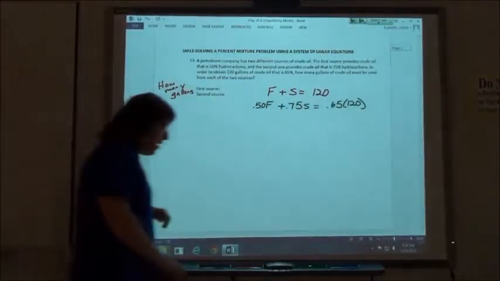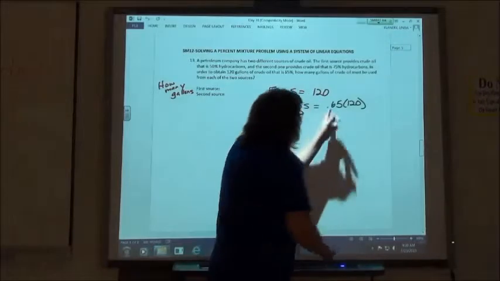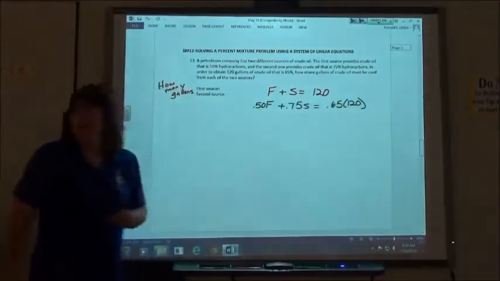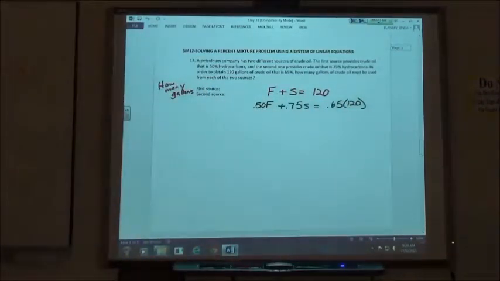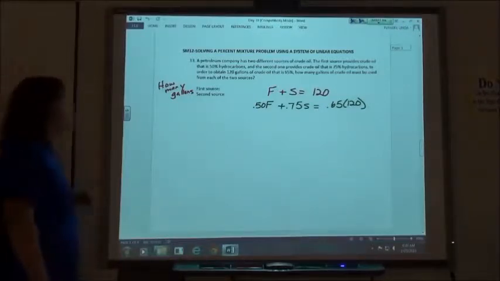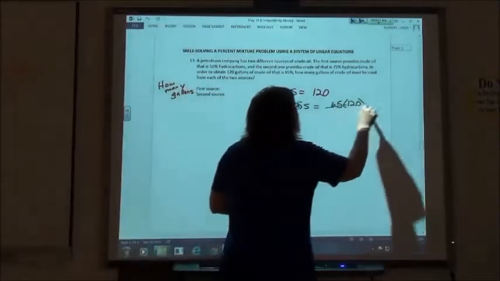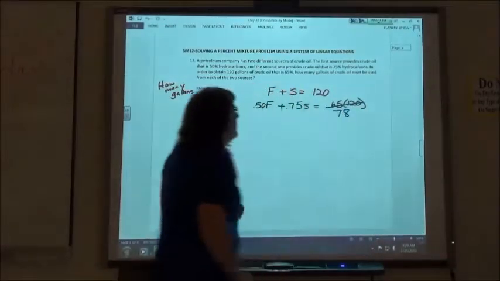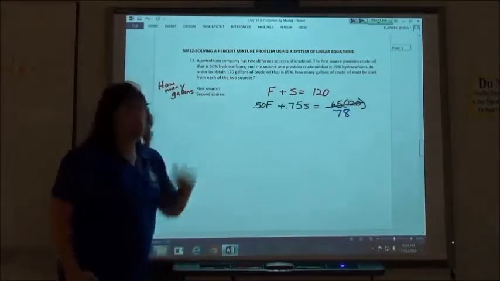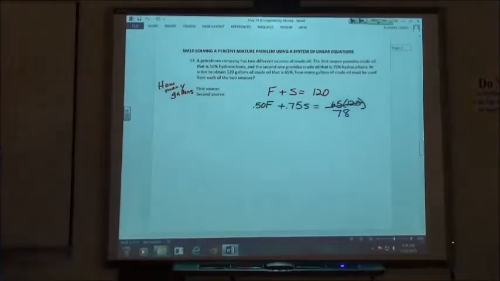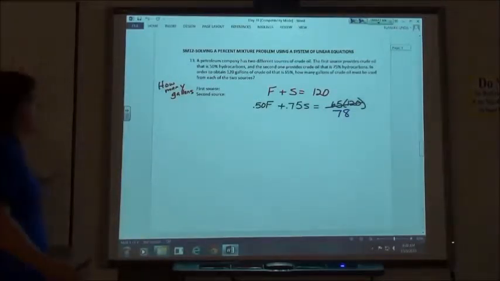So probably, obviously, the first thing I want to do is go ahead and multiply that out so I get a number there on my equation. 65% of 120 would be 78. So now again we have our two equations. We could solve by substitution, but I would probably use the elimination method again.